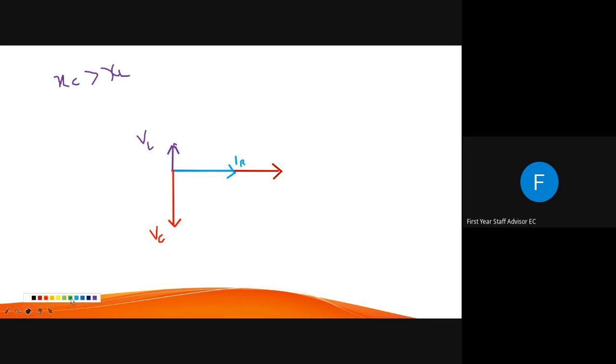Now again, the same point: VL and VC, or XL and XC, will cancel each other, but here the value of XC is greater than XL, so I should draw the resultant phasor in the negative direction. And here I can write VC minus VL.